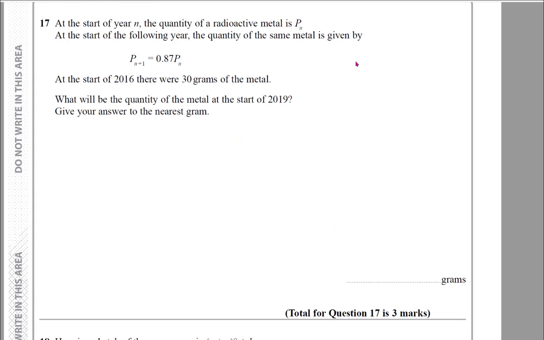Okay, so this is a question near the end, and it's an iteration type question. At the start of 2016 there were 30 grams of metal, so that means P0 is 30. So in 2017, let's find out next 1 year, you would just use the formula.